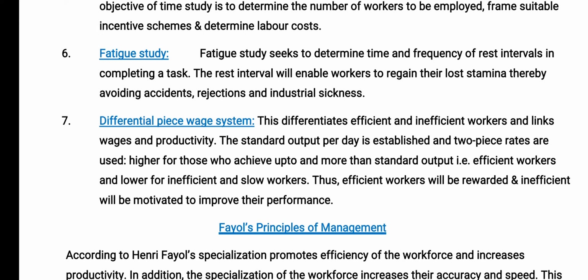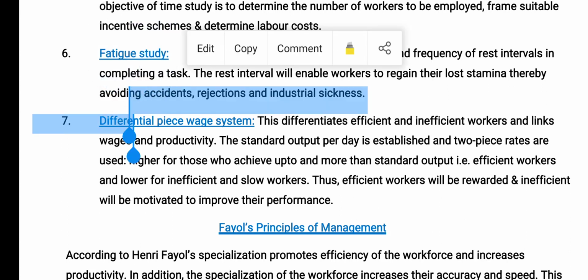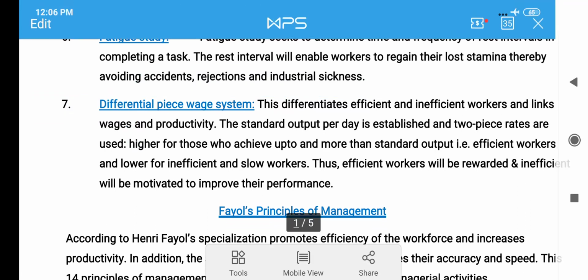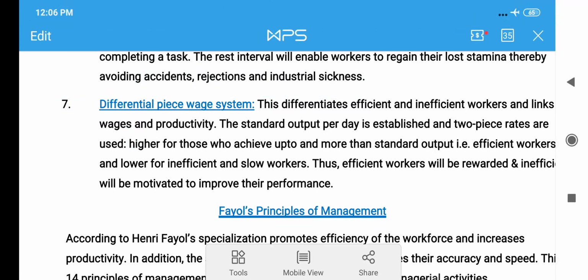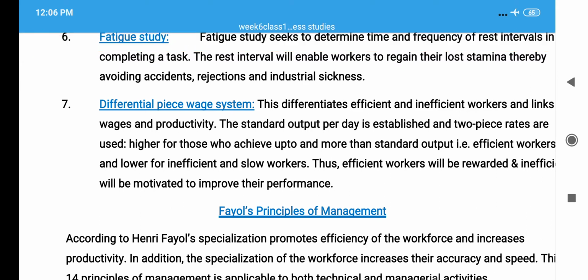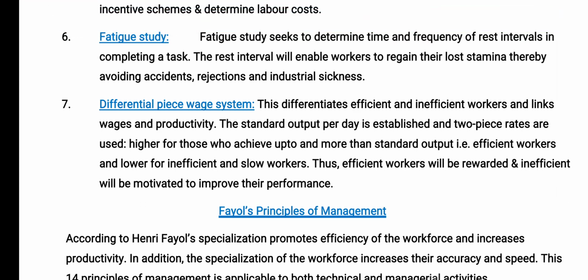For example, the standard output is 10 units per day and the standard wage rate is 50 rupees per unit if the standards are met. He also mentioned in the wage policy that if any worker fails to meet the standards, he will be paid rupees 40 per unit. And if a worker exceeds standard output, maintaining quality, he will be paid rupees 60 per unit.